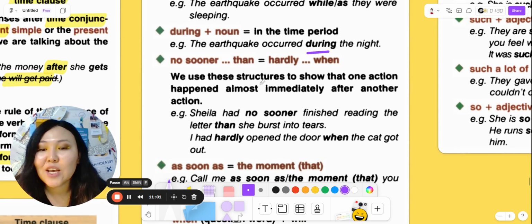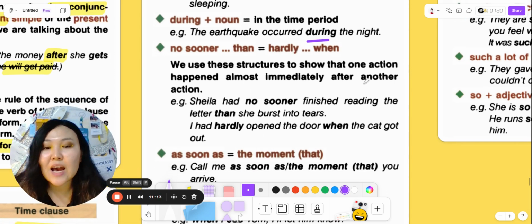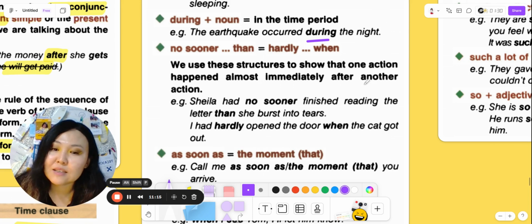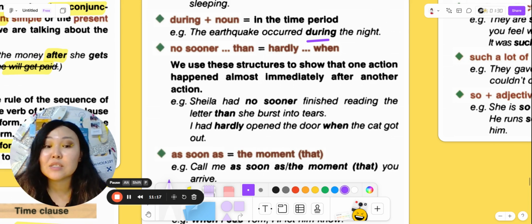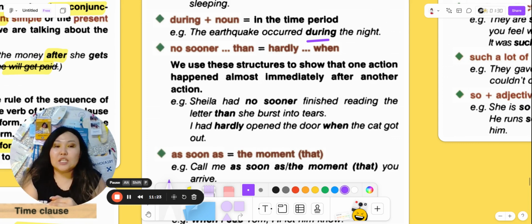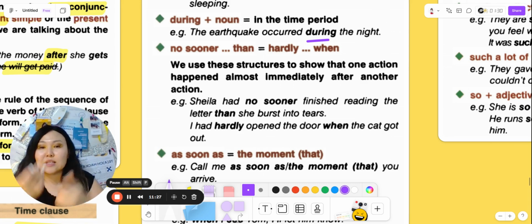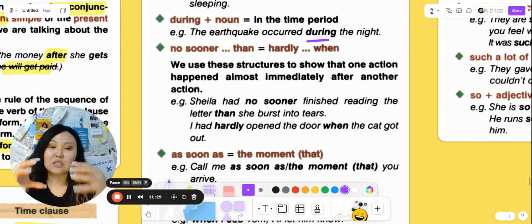Okay, next one, no sooner than or hardly when. We use these structures to show that one action happened almost immediately after another action. Sheila had no sooner finished reading the letter than she burst into tears. So, she was close to finishing the letter, and only immediately after finishing the letter, she burst into tears.